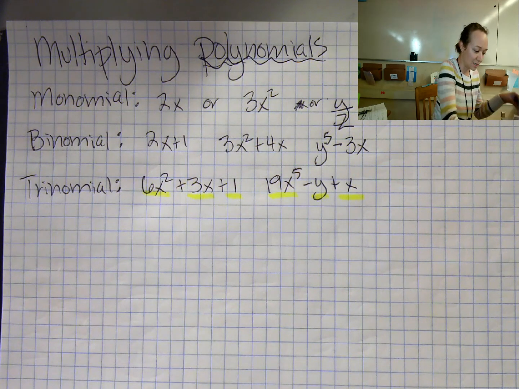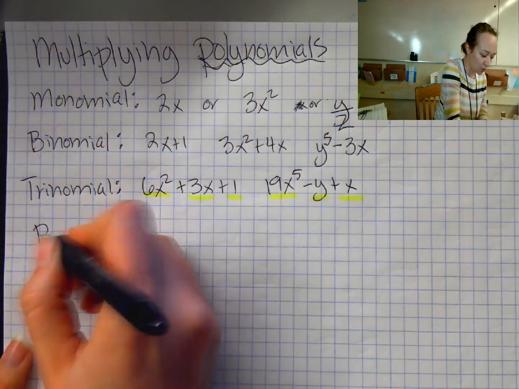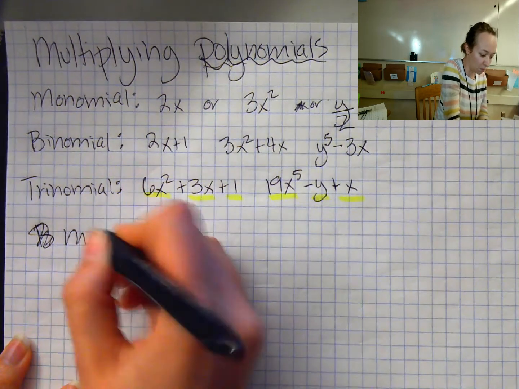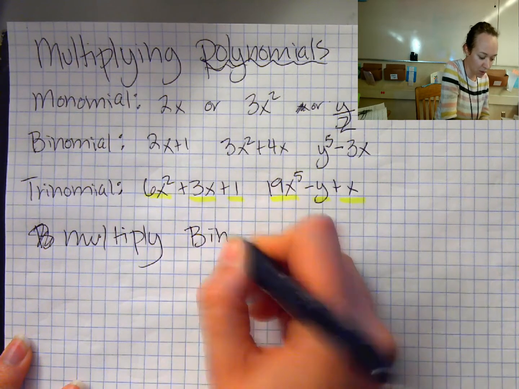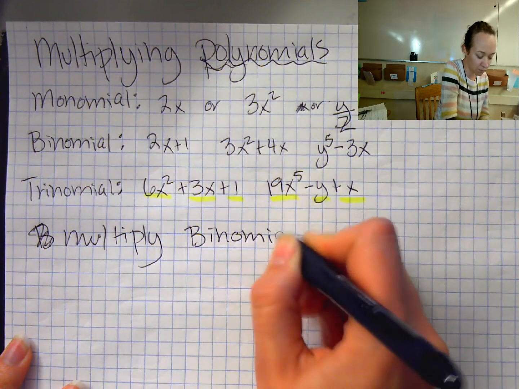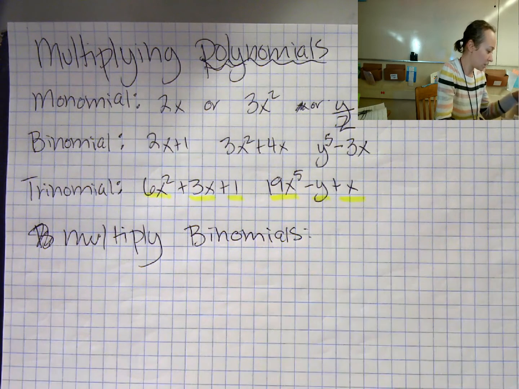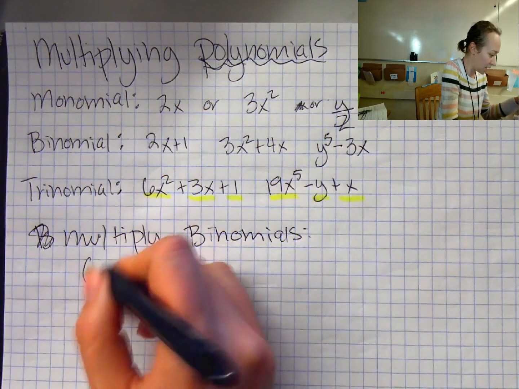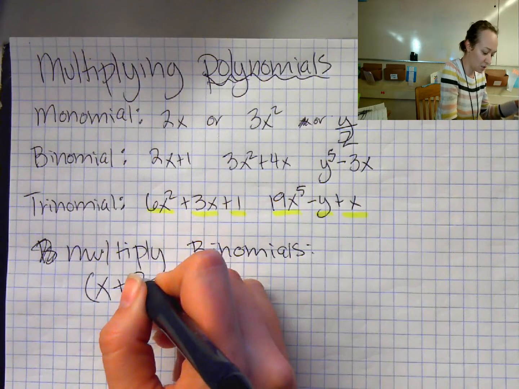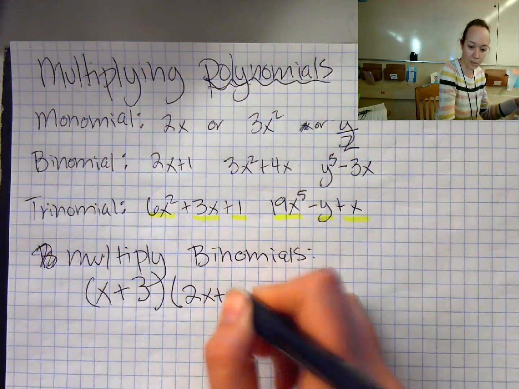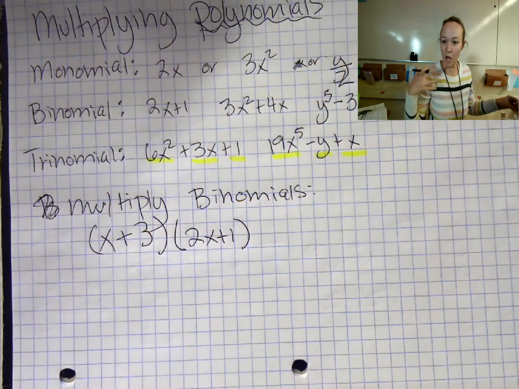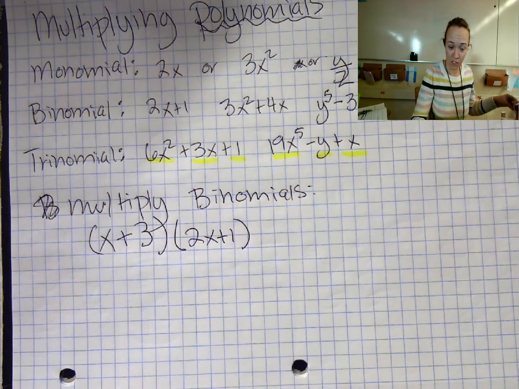So let's take an example. First, we are now going to multiply binomials. Let's say that we're trying to do x plus 3 times 2x plus 1. Now, I was trying to help us understand what's really happening here by using algebra tiles.